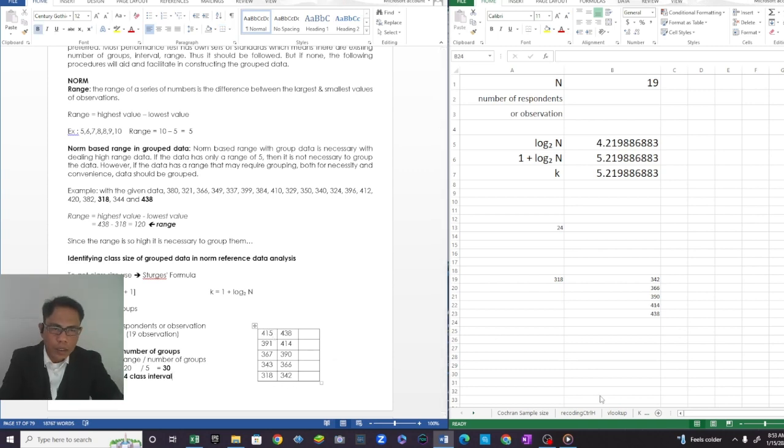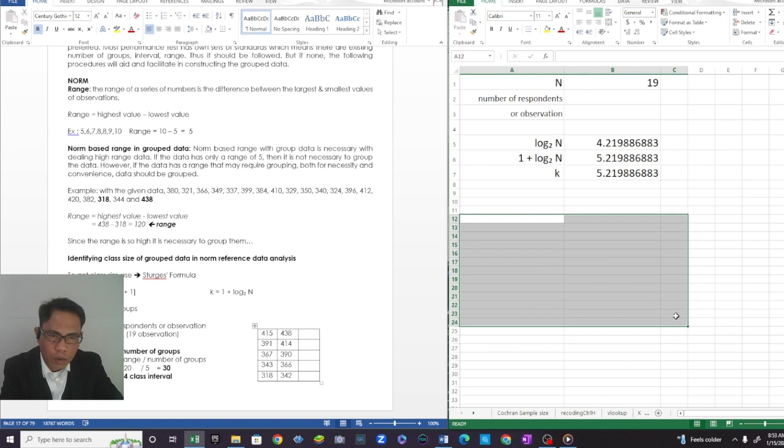So that is our group. One, two, three, four, five. We have five groups with a class interval of 24. So that's basically how you make your table, the way you make your groups.